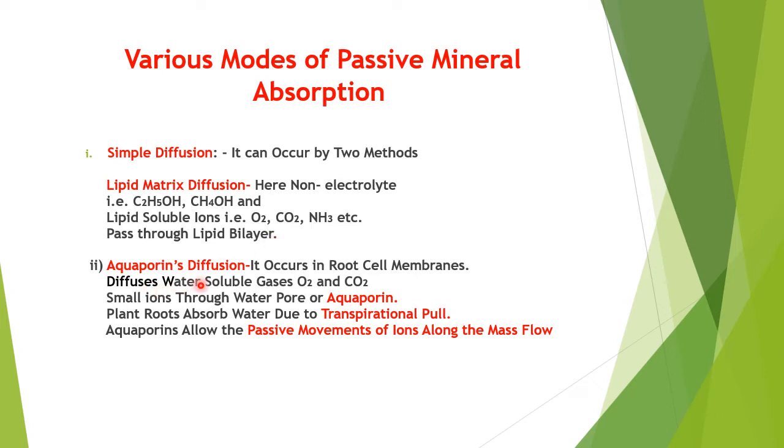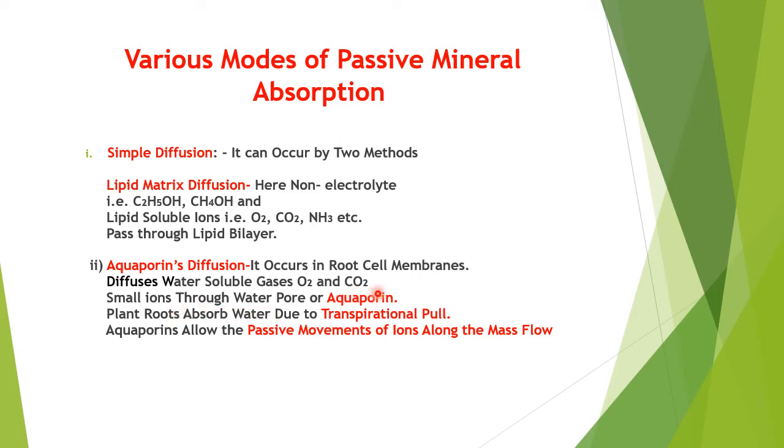Second is aquaporin diffusion. As we have already gone through, aquaporins are present in the root cells and are also called water pores. They occur in root cell membranes. Diffusion of water-soluble gases, oxygen and carbon dioxide, and small ions occurs through water pores or aquaporins.